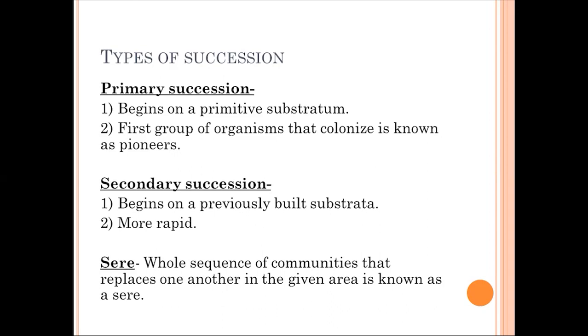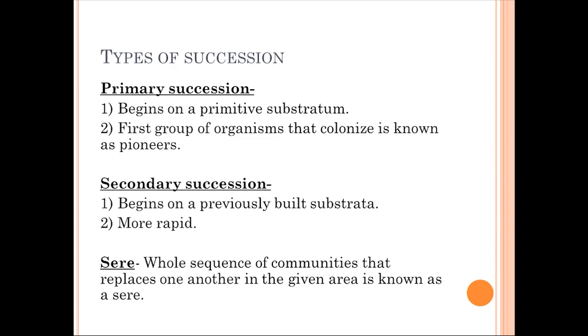And primary succession can occur in terrestrial, freshwater, and marine habitats. Then the second type of succession is secondary succession. Secondary succession begins on a previously built substrata. That means this substrata sometime contained living matter. Previously it had living matter.